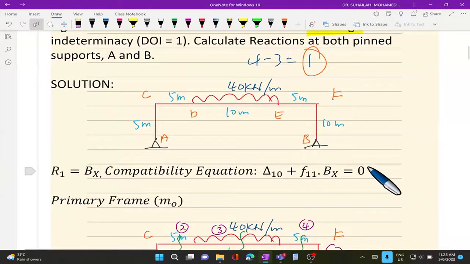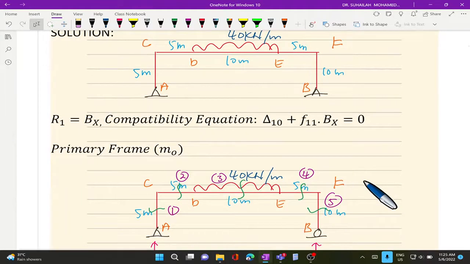So let's say I want to choose. Remember, if it is pin support, we have to remove 1 from pin. Let's say we remove BX. So what happened is BX is equal to redundant. So we write the compatibility equation directly.